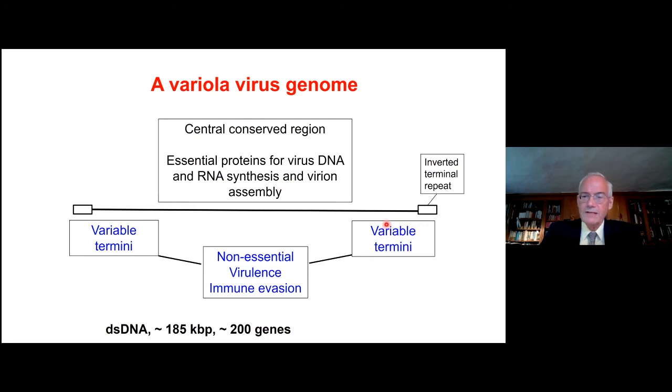Whereas the genes present at the terminal regions of the genome are more variable, and these are mostly non-essential for viral replication in cell culture, but they affect the virulence of the virus and in particular, the strategies for immune evasion. And it's estimated that between 1/3 and 1/2 of all the genes encoded by orthopox viruses are dedicated to immune evasion.